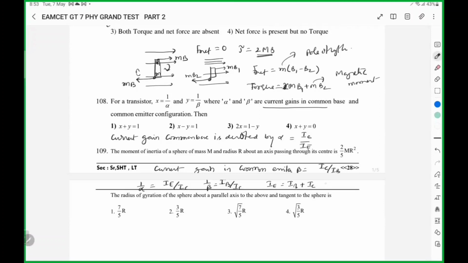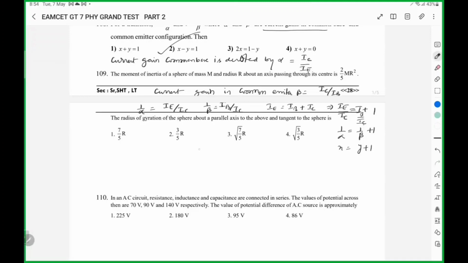If you divide with IC, we get IE by IC equal to IB by IC plus 1. IE by IC is 1 by alpha, and IB by IC is 1 by beta, plus 1. So 1 by alpha is denoted x equal to y plus 1, second option.